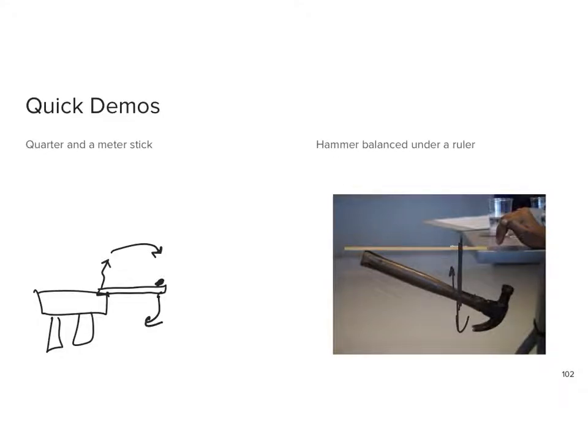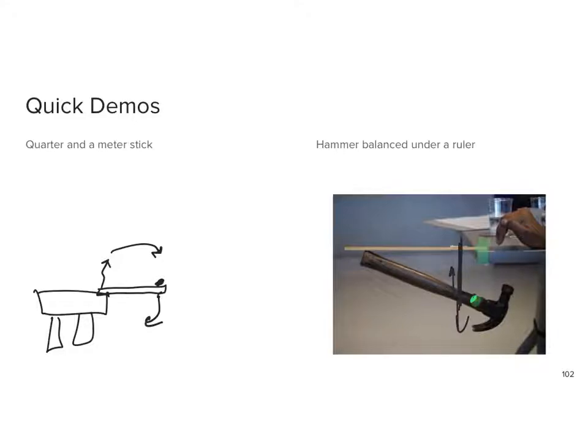The center of mass of the hammer is somewhere around here, and this is balanced out because the center of mass is under the table. So as long as the center of mass is inside of this balancing point right here, this hammer will balance, and it'll just stay like this just because of this piece of string.